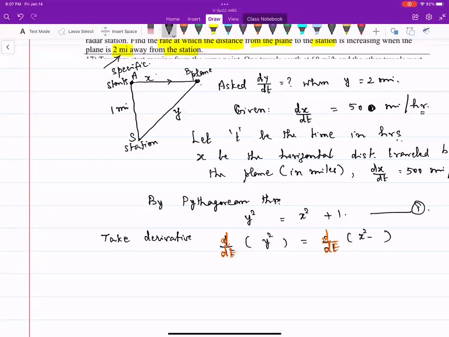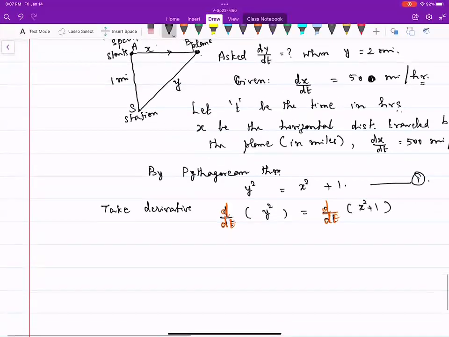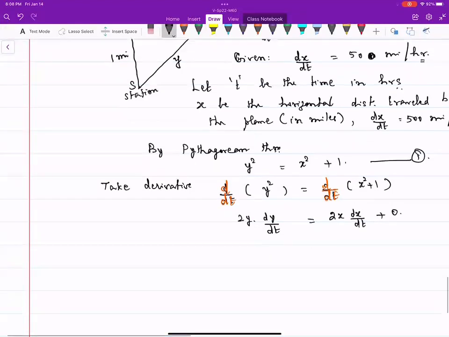What do you have on the right hand side? x squared plus 1. Remember that both y and x vary with respect to time. So it is 2y dy by dt, by chain rule, equals 2x times dx by dt, chain rule again, plus the derivative of 1, which is constant.